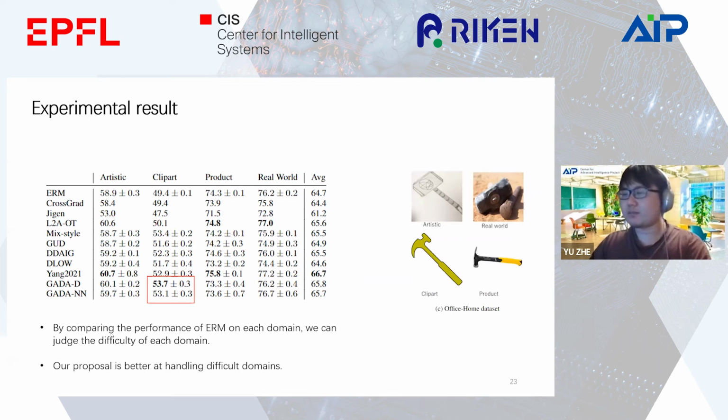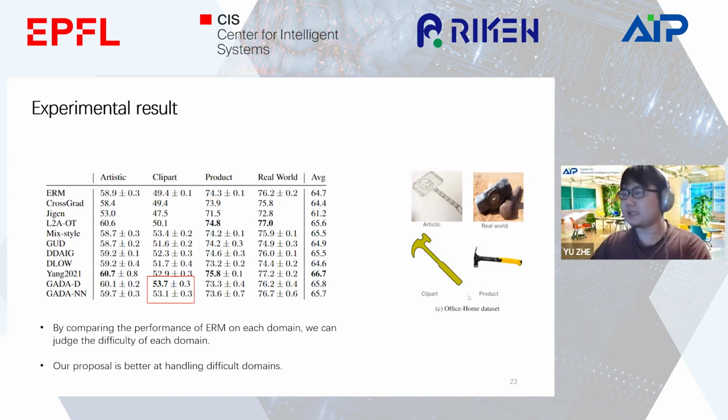I'd like to say that overall, in average accuracy, our method doesn't have a clear advantage over the other competitors. But by comparing the performance of the ERM method, where ERM is empirical risk minimization, on each domain, we can judge the difficulty of each domain.